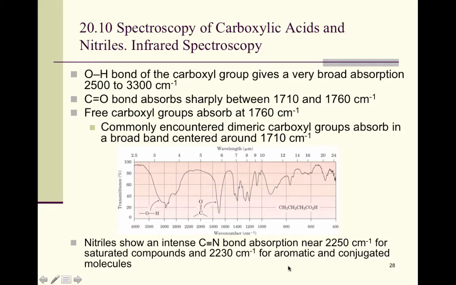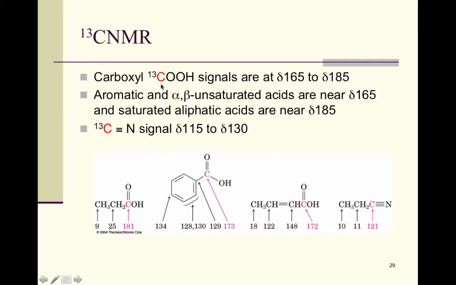Carbon NMR. The carboxyl carbon gives a signal very, very far downfield, 165 to 185. Aromatic and alpha-beta unsaturated acids are near 165, and saturated aliphatic acids are near 185.